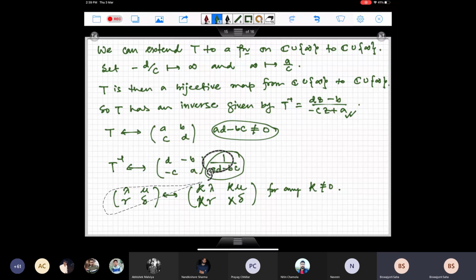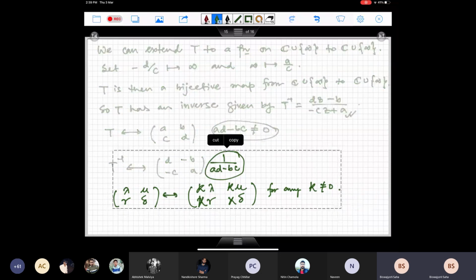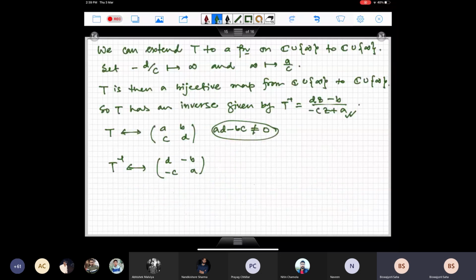So in fact, I can even let go of this. It doesn't matter. So that is precisely what we can see from here. Okay. So this is how we get it, and so T inverse is given by this matrix. Of course, there was a scalar in front of the matrix inverse of ABCD, but that does not really matter.